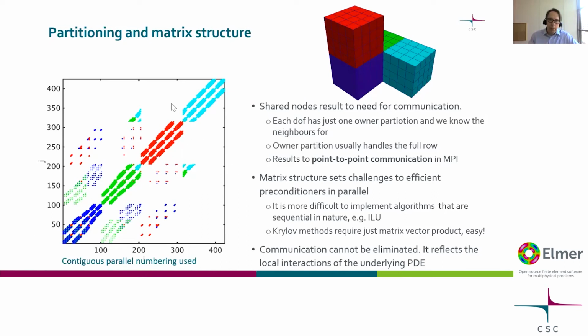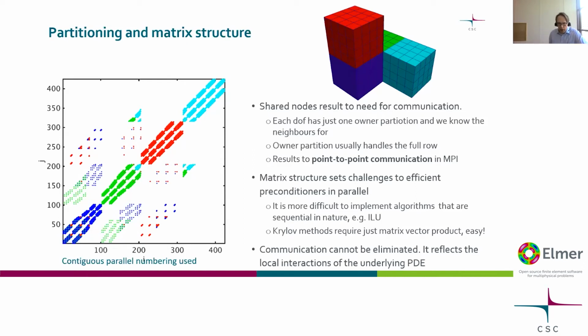And that is the challenge in parallel computing, and the solution of linear systems in parallel, that you need to be able to communicate these, or at least the effect of those. So you have many different implementations of how to deal with that, but that's a typical one. And this communication cannot be eliminated.